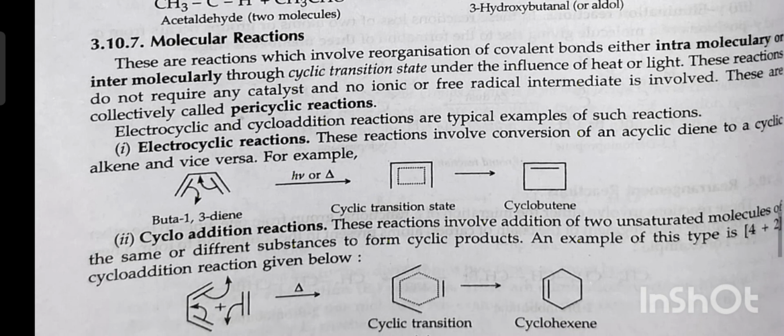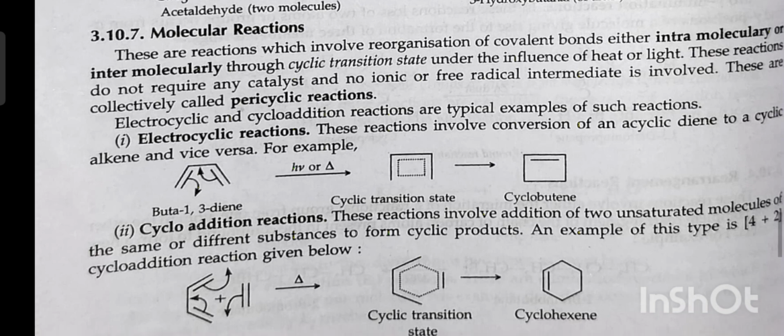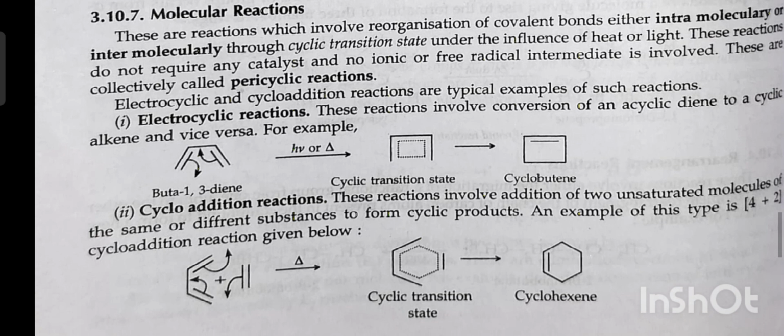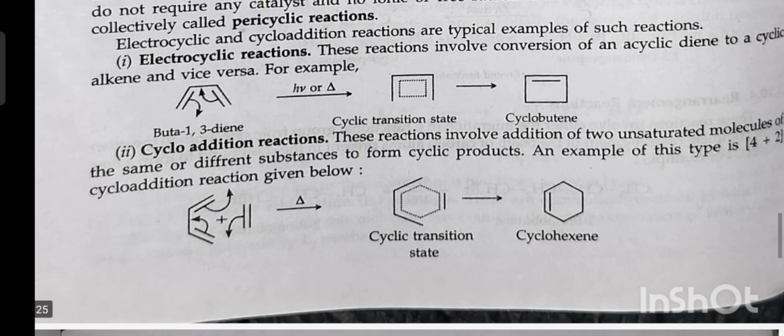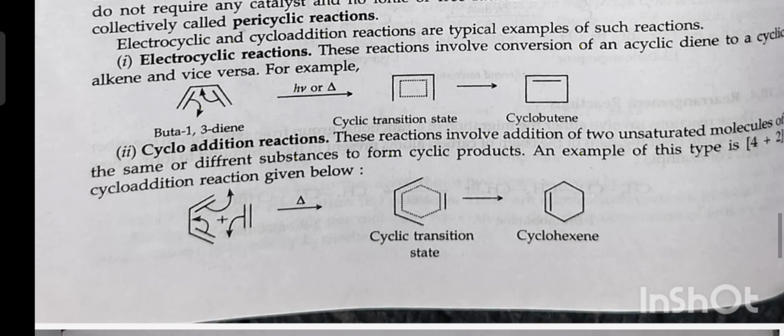First, electrocyclic reaction. This reaction involves conversion of an acyclic diene to a cyclic alkene and vice versa. For example, buta-1,3-diene in the presence of sunlight is converted into cyclobutene through a cyclic transition state. Second, cycloaddition reaction.